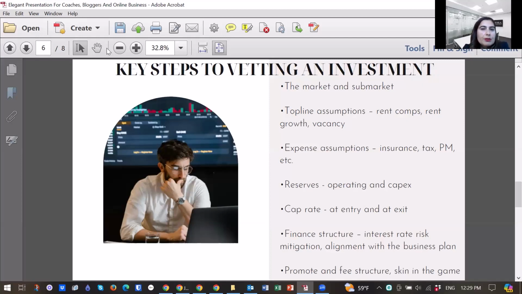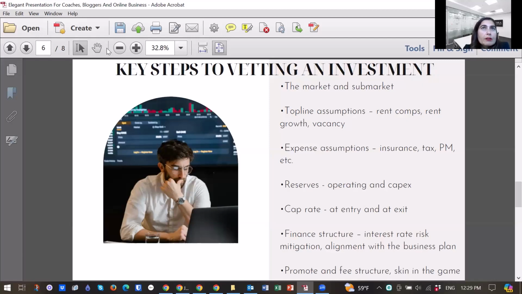Now, the next item is the other most powerful lever that has tremendous impact on the valuation, and Daniel touched on it at the beginning of the call, namely the cap rate. Both the entry cap rate, which is the market cap rate at the time that you're acquiring a property, and the cap rate at exit. That has, as you saw from the little calculation that he did in the beginning, a multiplier effect on the property.